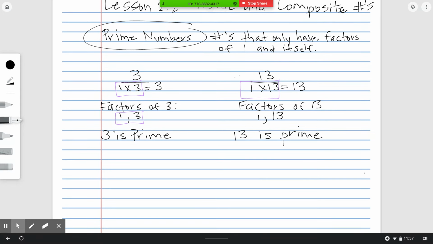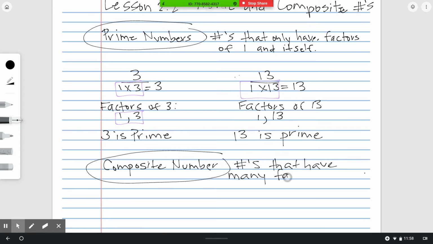Now, if we have prime numbers, we have something that is the opposite of a prime number. We call this a composite number. So we have prime numbers and composite numbers. Composite numbers are numbers that have many factors.